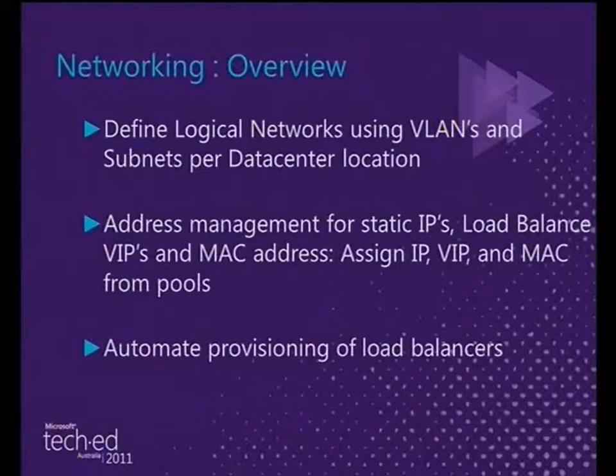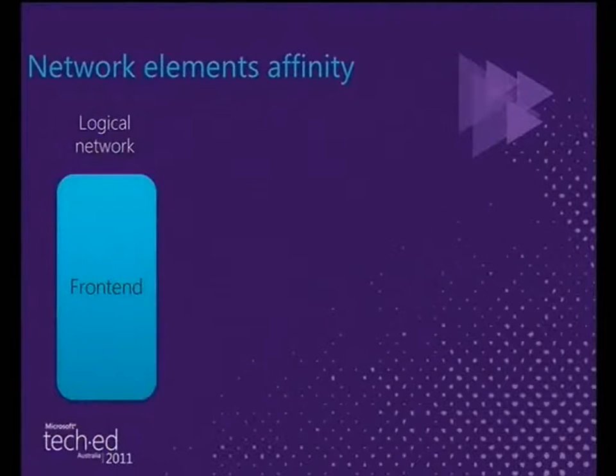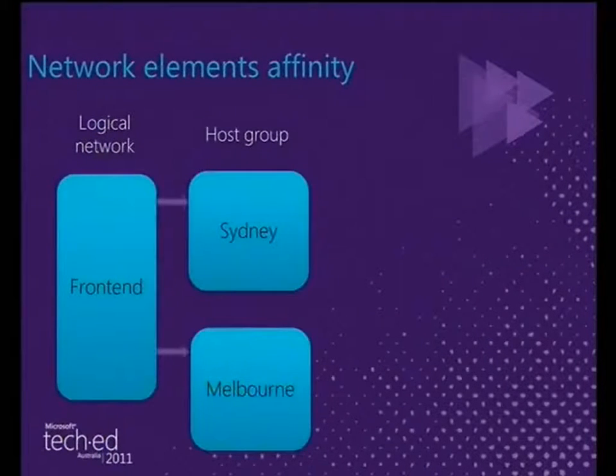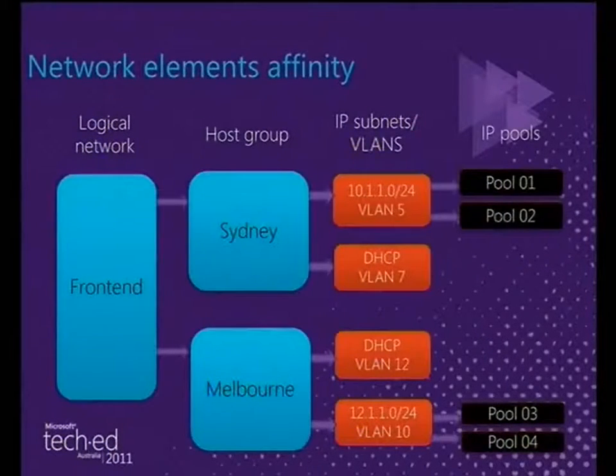MAC address, we can assign IP, DNS, gateway, WINS. So this is how I'm going to explain how to create it. This is my logical network. I call it front end. It could be internet, could be back end. You are going to create this name.